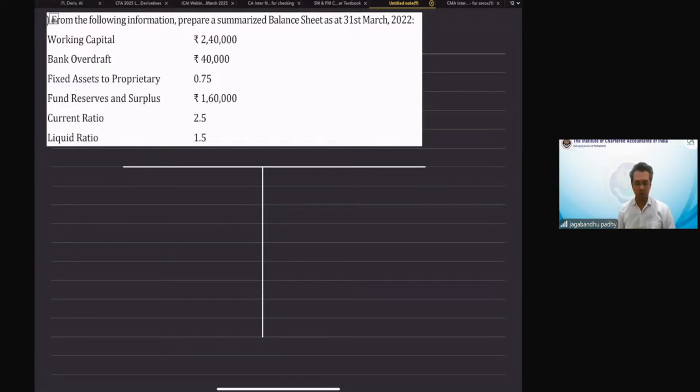So let's have a look at what all things do we have in the balance sheet. So in this data, we have got the working capital number. So working capital means we're definitely going to have the current assets and current liabilities. Within current liabilities also, we're going to have bank overdraft of 40,000. Then we have fixed assets to proprietary. Essentially, the amounts that we are going to have over here, one is fixed assets, other is current assets.